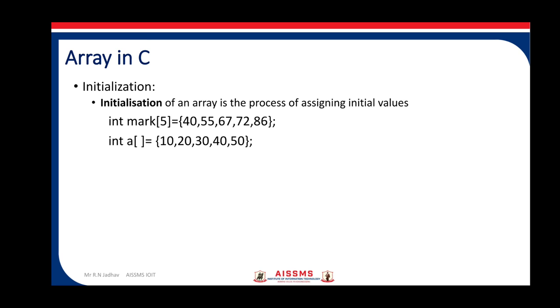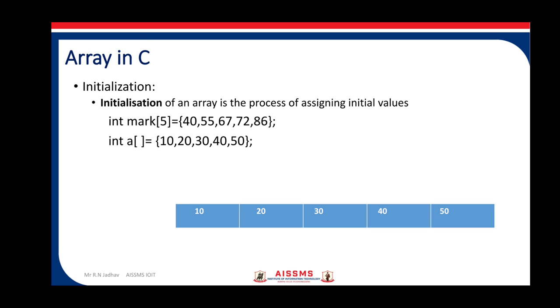In the same way, we can use the statement where the size is not mandatory. We can skip mentioning the size whenever we are declaring and initializing the array at the same time. So if we do it like this, memory locations will be allocated with the name of the array as A, and they will also be initialized with the values which we have mentioned.